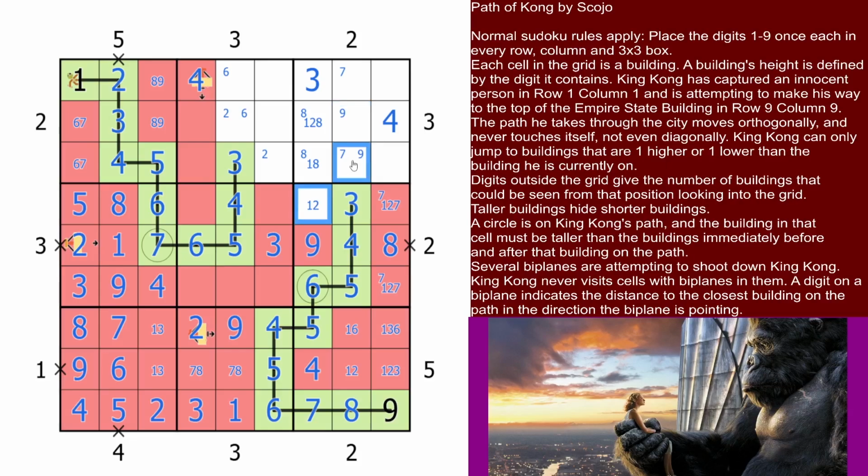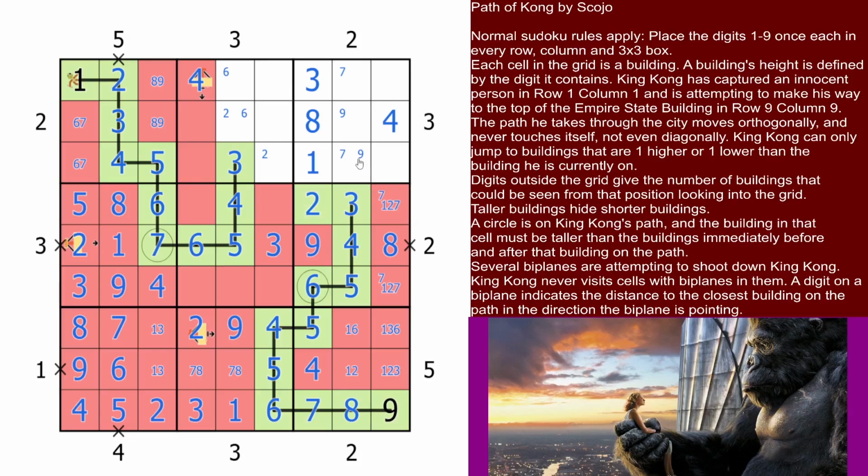Doesn't matter. So 2 is one of these. I'm saying 1 is one of these. 1 cannot be here. There is no way you will go anywhere from here. So if 2 is one of this, 1 is one of this, how can that be 1? Where will be the next 2? You can't have next 2. That is 1. That has to be 1. So that's 2. That's 8. And definitely the path is now like this, right?